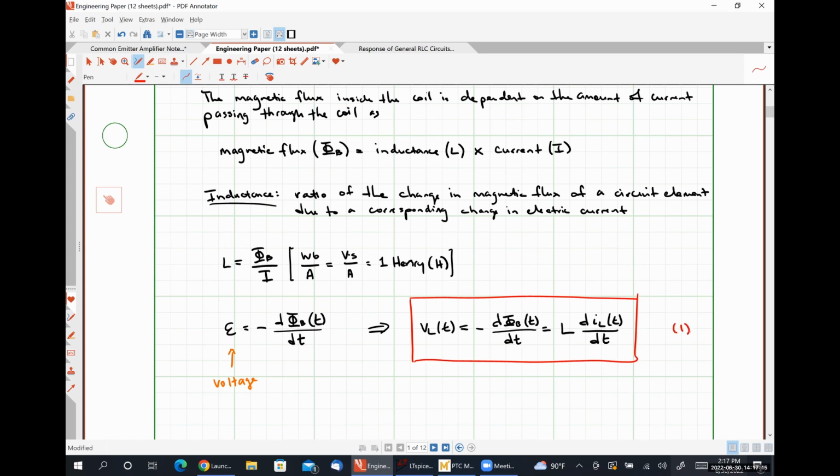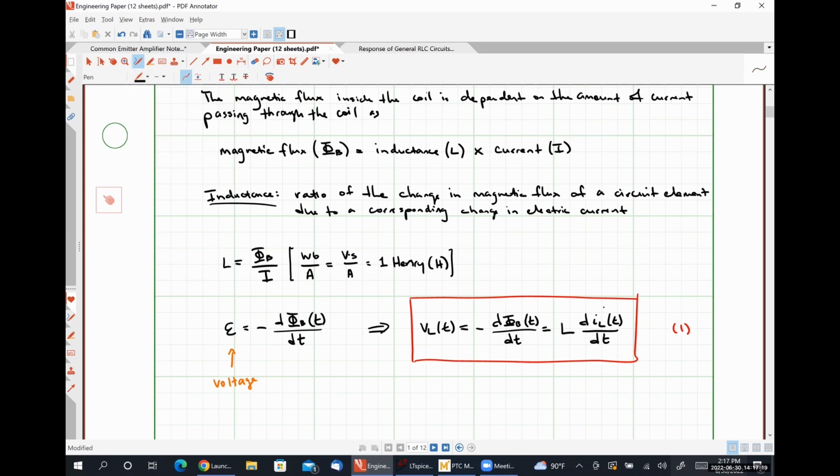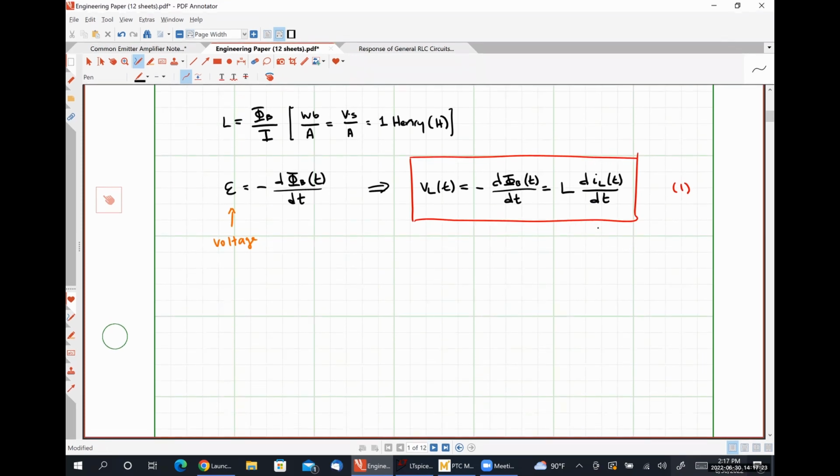Okay. So before we move along and analyze this equation a little bit, I need to introduce the schematic symbol for an inductor, which is this guy right here.